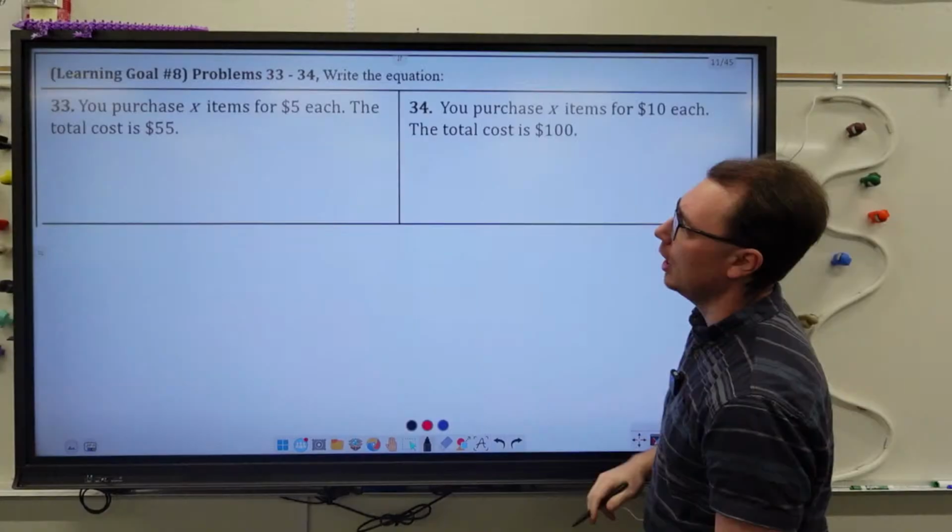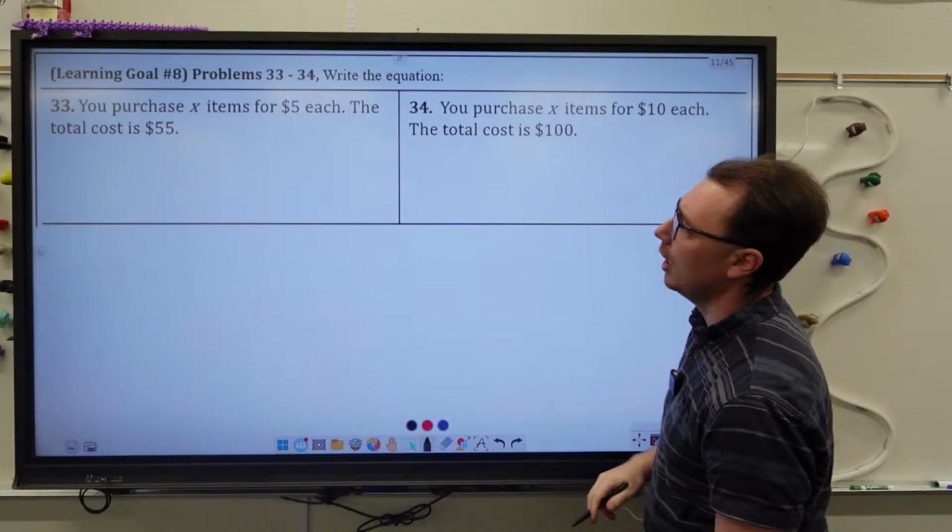For learning goal 8, we want to write the equation for 33. We don't need to solve it, we just want to write this equation where you purchase X items for $5. Now think about when you're purchasing these items and think about if the total cost is $55.